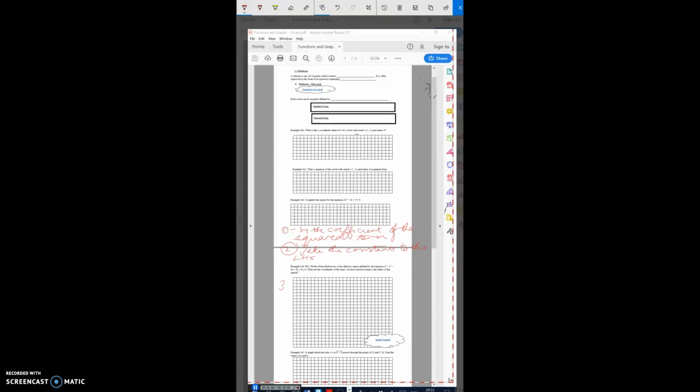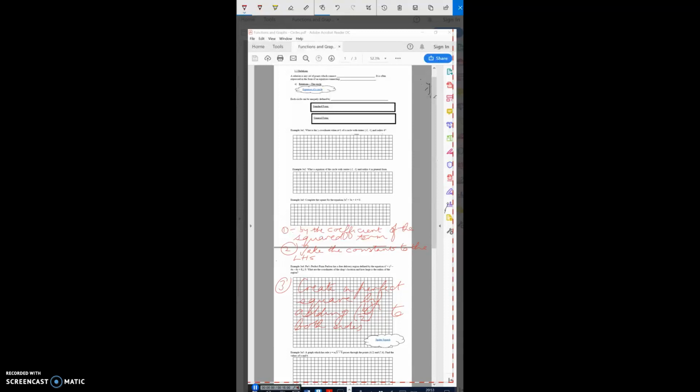Step 3, create a perfect square by adding b on 2 squared to both sides.